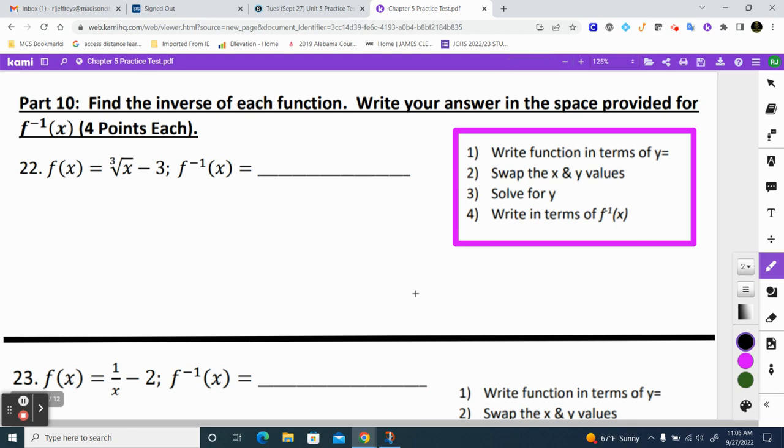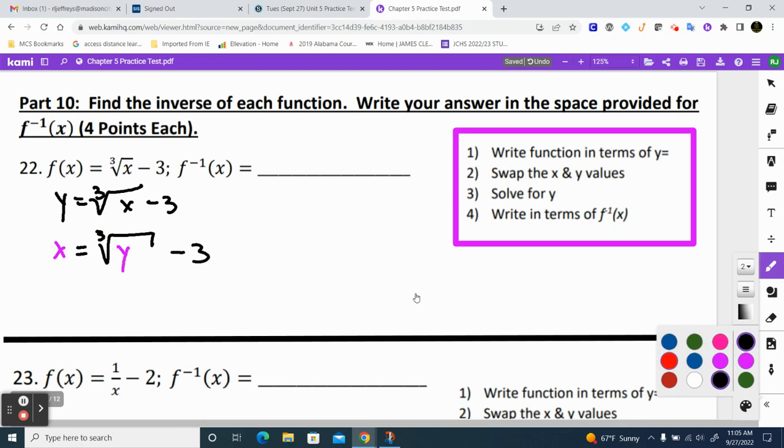It's crazy. y equals cube root of x minus 3. Okay. So I'm going to change x and y. Okay. Now solve for y. So what's the first thing I need to do? Add 3. Thank you.